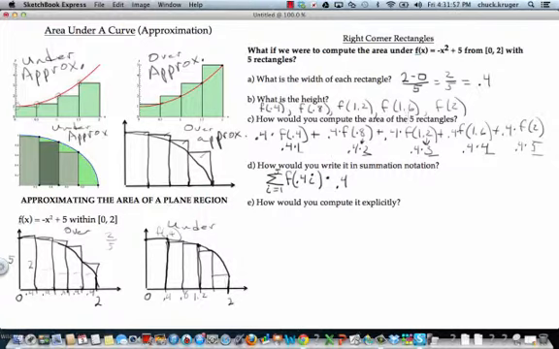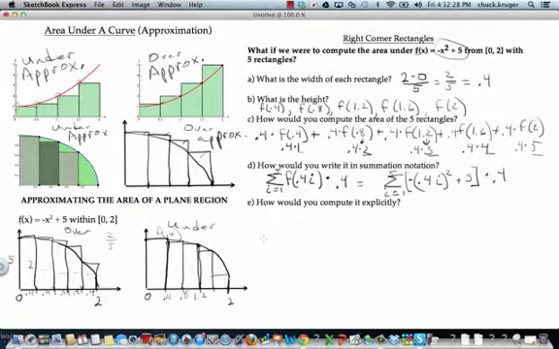Now, what's my function? My function is this. So that means I'm going to go one step further, and I'm going to write my sum as 1 to 5. And I'm going to take that 0.4i, square it, make it negative, and then add 5 to it, because that's what my function tells me. And then outside here I have 0.4.